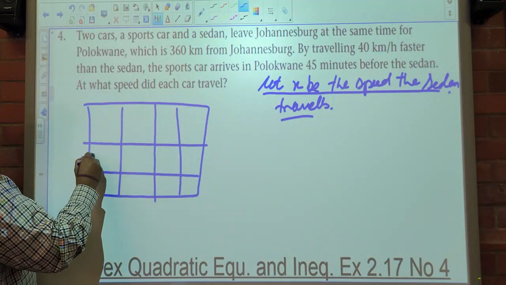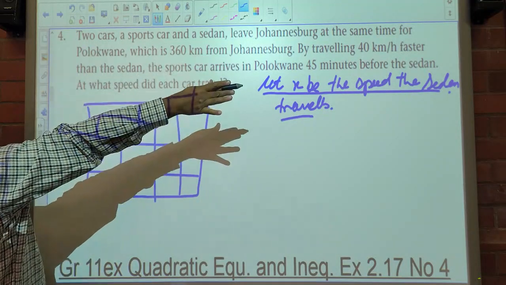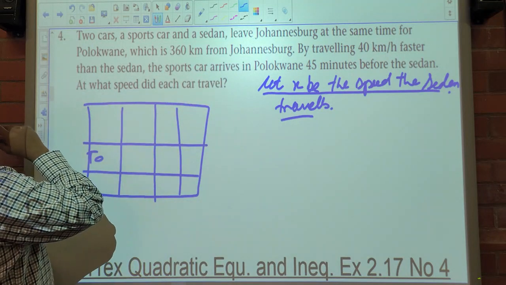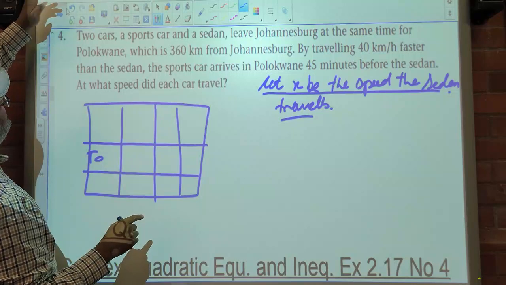We have two cars, it's going to be the sports car and the sedan.